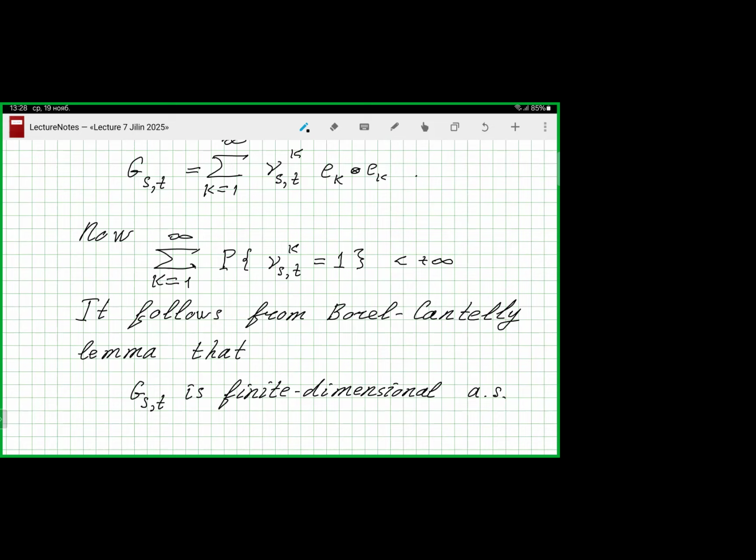In this way, we get a family of finite dimensional random projections, which are a stochastic semigroup. Moreover, you see what happened.